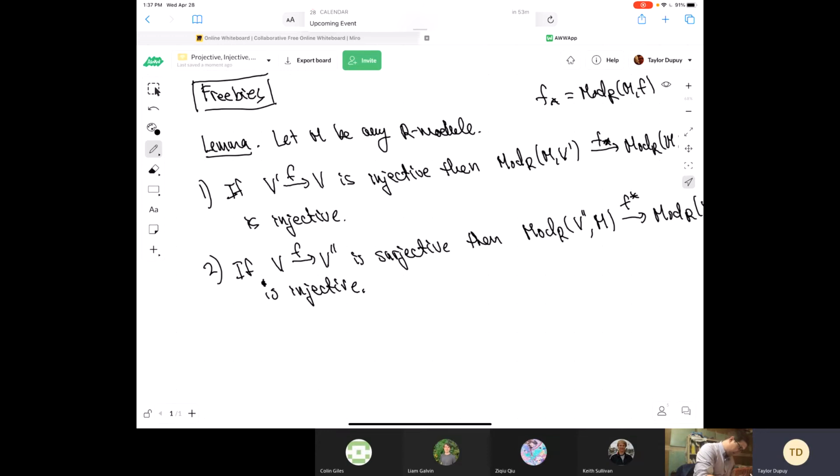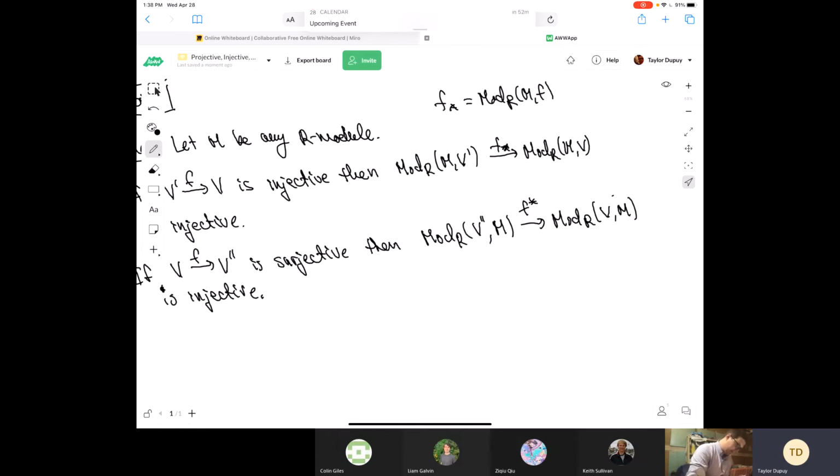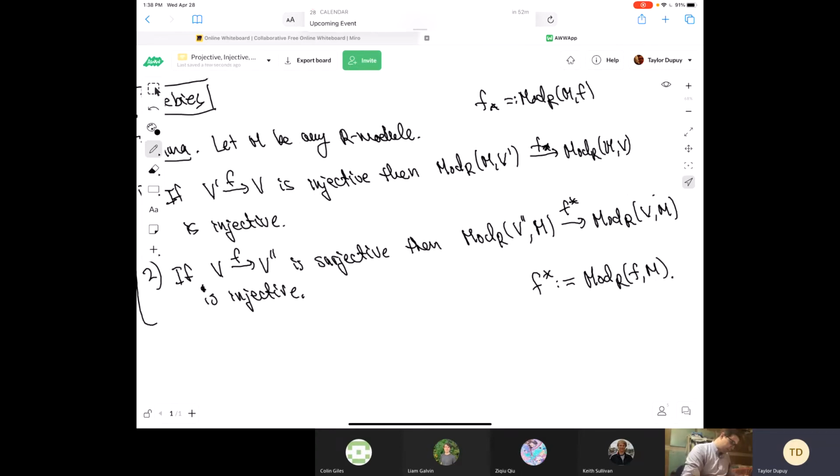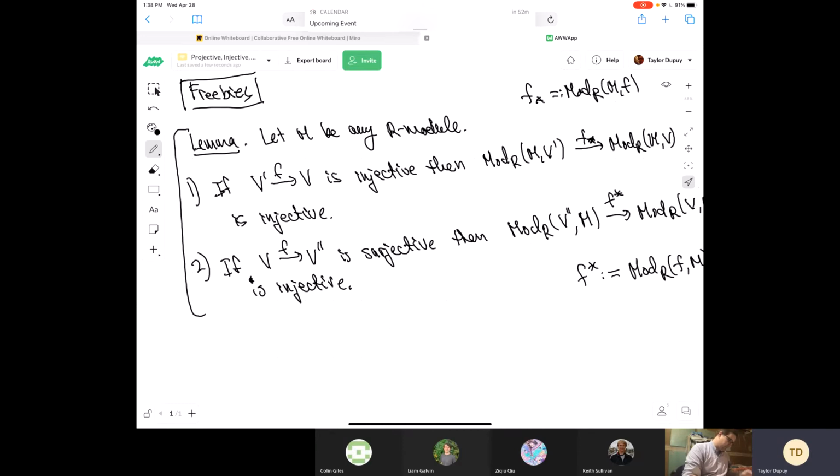So we have two freebies. Again, here F star is defined to be equal to Hom_R(F, M), the functor applied to F.